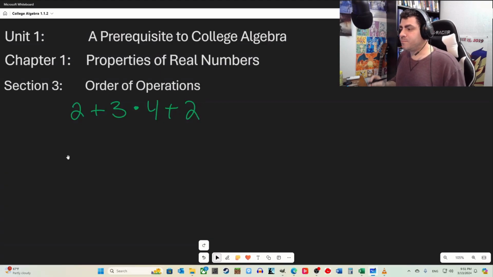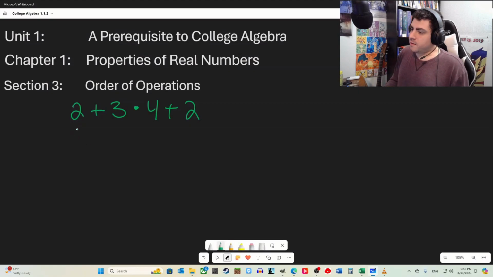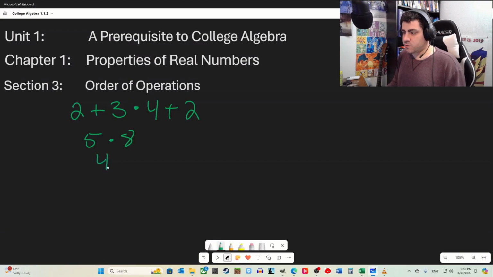Let's say we wanted to solve this equation from left to right, as if we were reading a page in a book. Let's say we start right here. We end up with 2 plus 3 equals 5 times 4 plus 2 equals 8. And 5 times 8 equals 40.